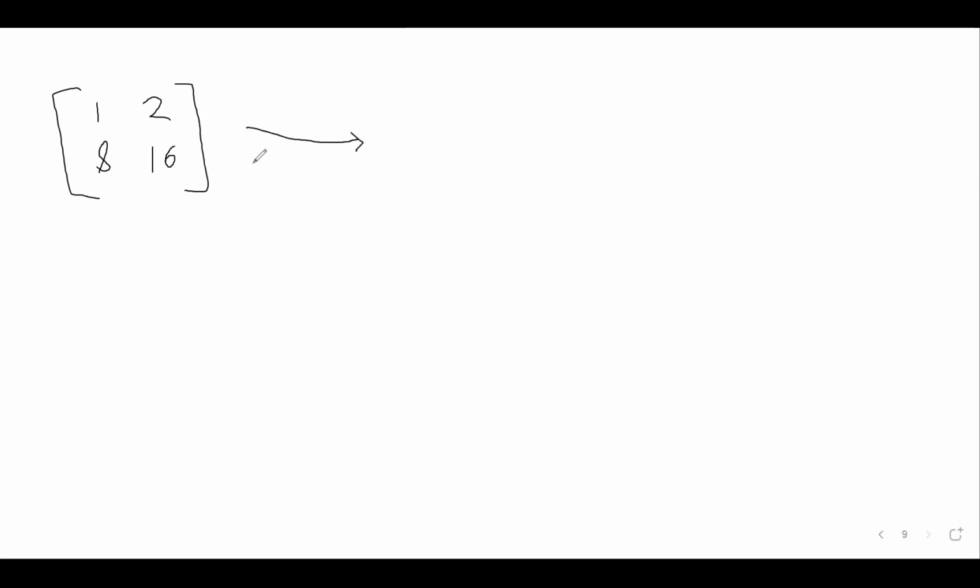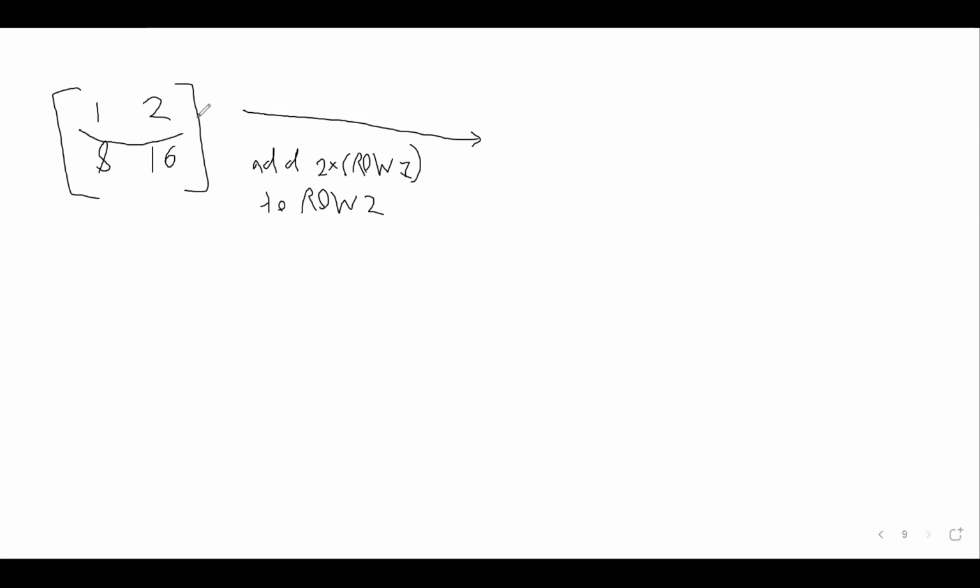I'm going to add 2 times row 1 to row 2. So I'm going to circle row 1, and by circling row 1, I don't mean I'm changing row 1. I'm adding 2 times row 1 to row 2. So row 1 is going to stay exactly the same.